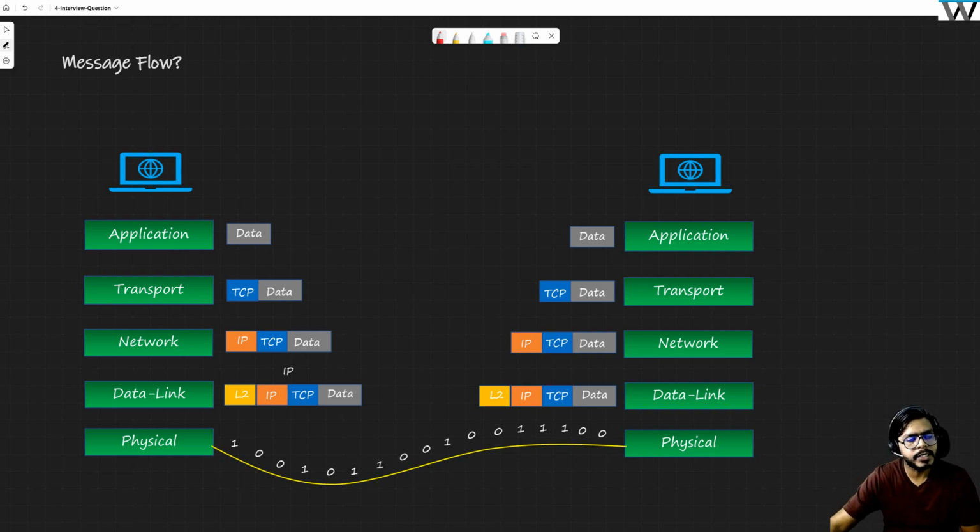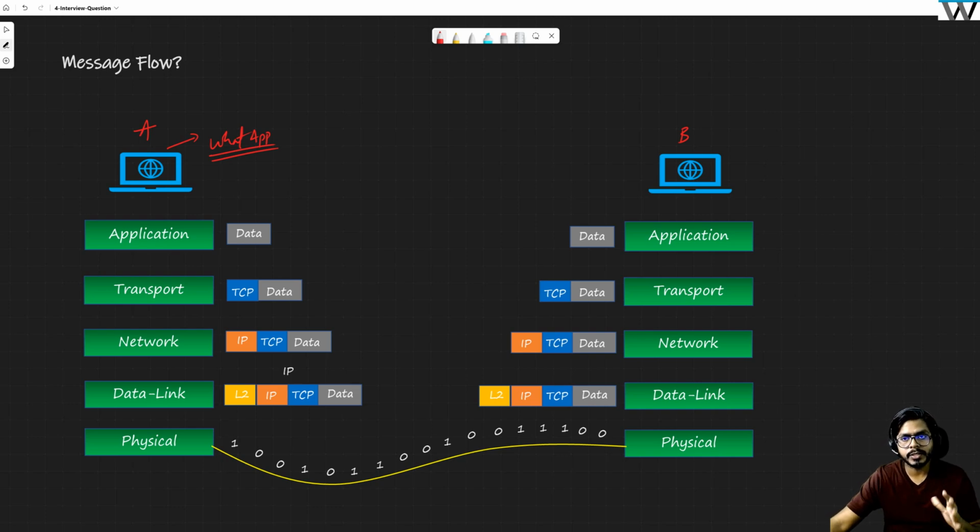So if you see here, we have computer A here and computer B here, and what I want to showcase is how data actually flows from one host to another host, right? Suppose we have this computer and I have the WhatsApp application installed here. Most of us are aware of WhatsApp, we usually use it for chat.